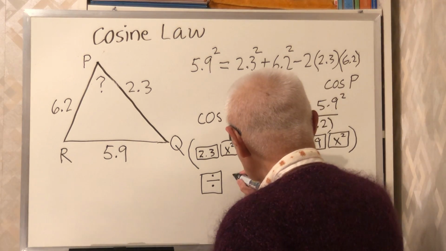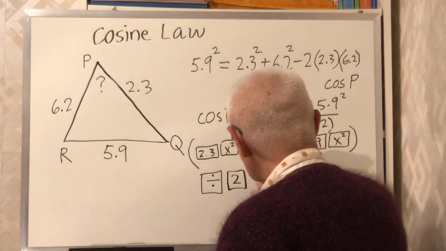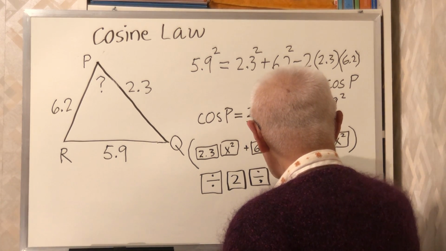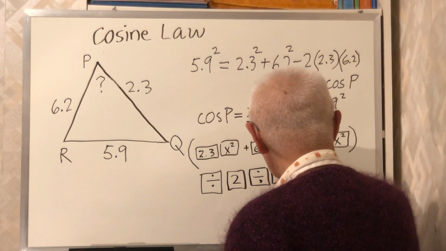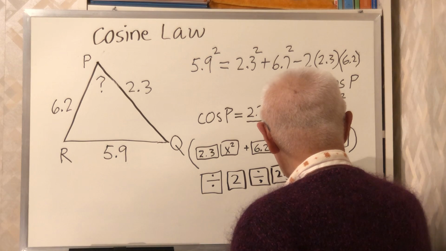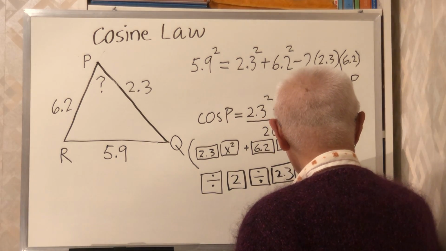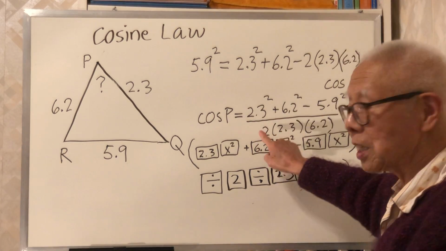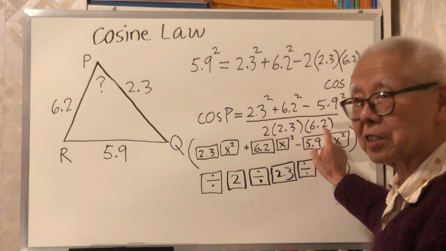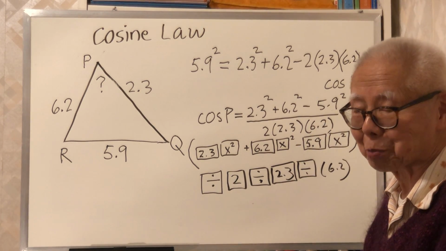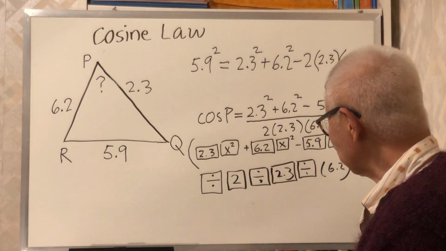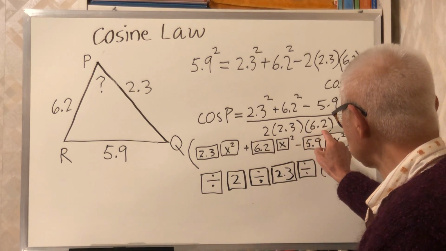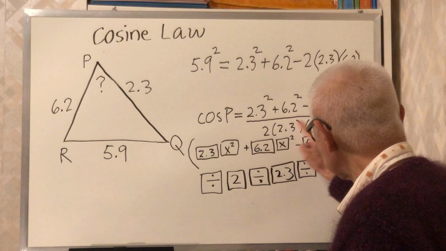It's not divide by 2 and multiply this, multiply that. It's divide by 2, again divide by 2.3, and again divide by 6.2. It's divide by this, and divide by this, not multiply. If you want to write divide by 2 times 2.3 times 6.2, you must put another bracket here.